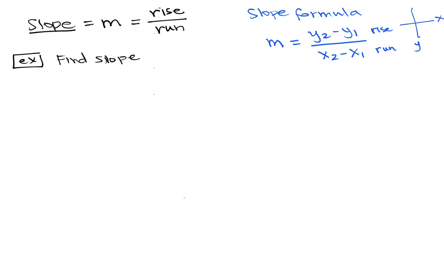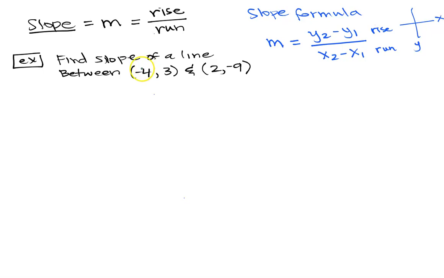Okay, so let's use this. We want to find the slope of a line containing the points -4, 3 and 2, -9. I'm going to put some labels on these.